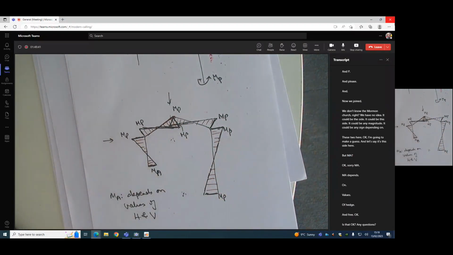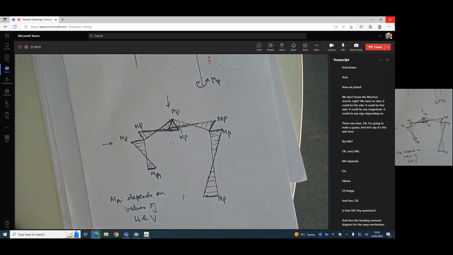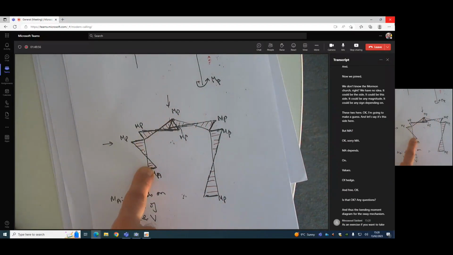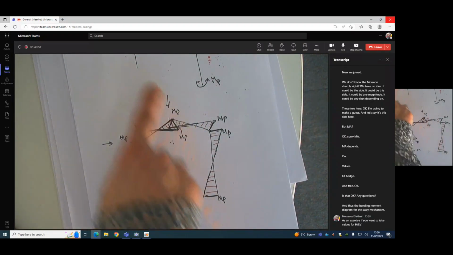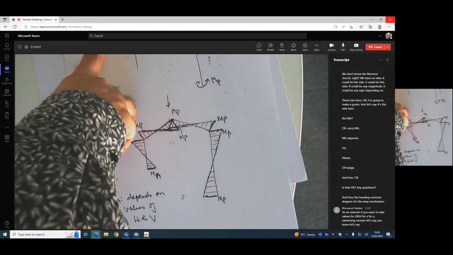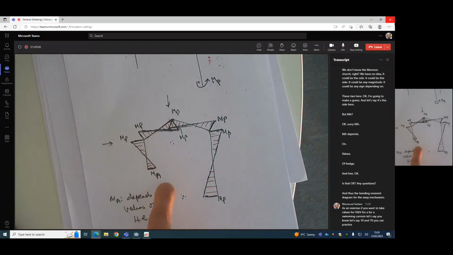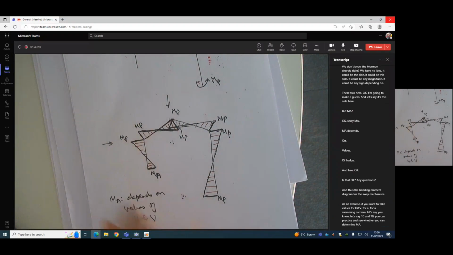And that's the bending moment diagram for the sway mechanism. As an exercise, if you want to take values for H and V for a sway mechanism, let's say 10 and 70, you can practice and see whether you can determine MA just by using equilibrium equations.